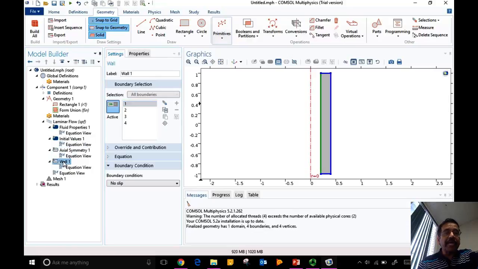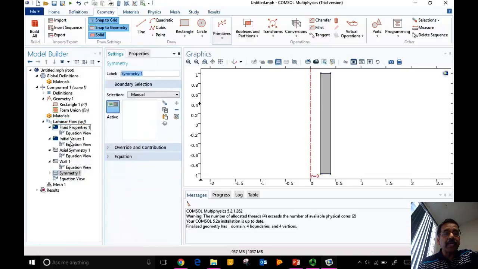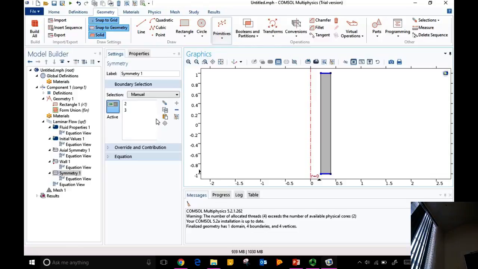No, I want to create a boundary condition for symmetry. Okay, and I will create 2 of them. Well, I guess I'm going to try something now. Can I, in one folder, identify both of them? I guess it allows you to do that, right? So you have one symmetry folder, and you identify top and bottom as symmetry boundary conditions.